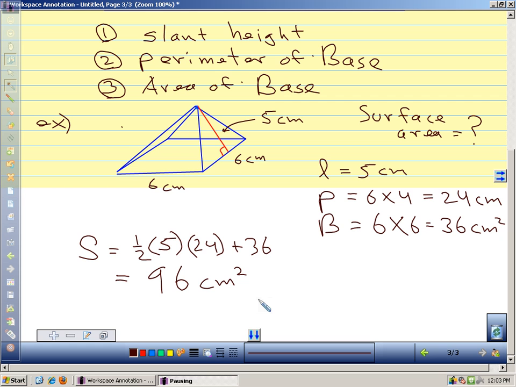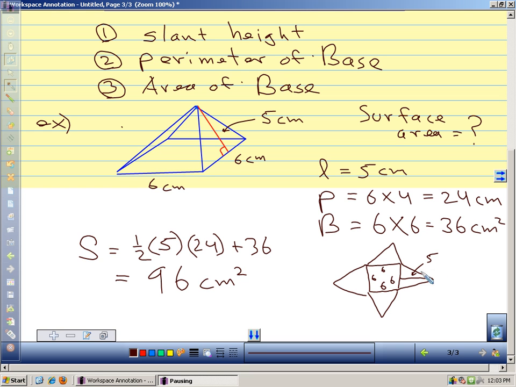Another way you could do this with pyramids, it's kind of nice. If we drew a net for this pyramid, pyramids are usually pretty easy to draw a net for. Our net would look something like this. And we know that all of these are 6, and this is 5.